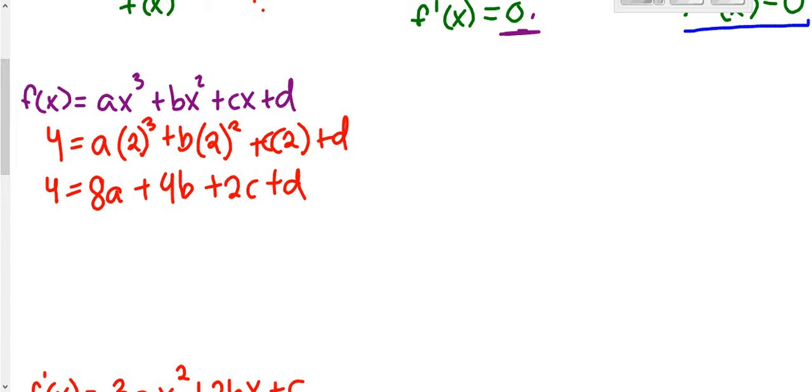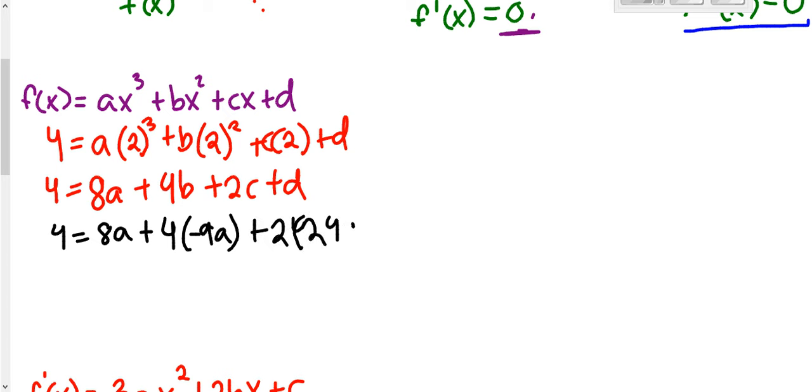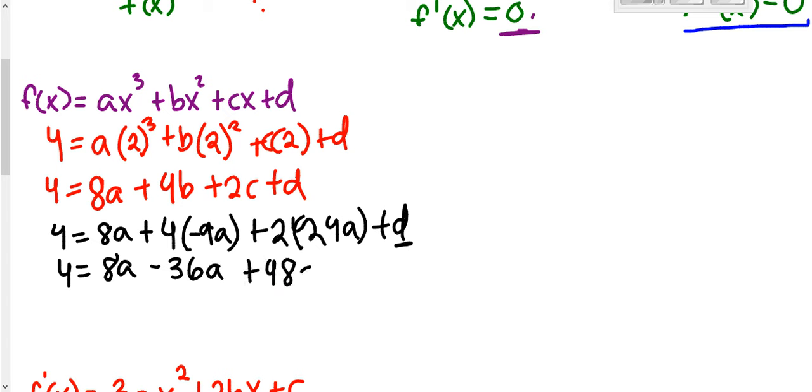A is a, b is negative 9a, c is 24a, plus d. Now I want to get d alone. So I have 4 equals 8a minus 36a plus 48a plus d.